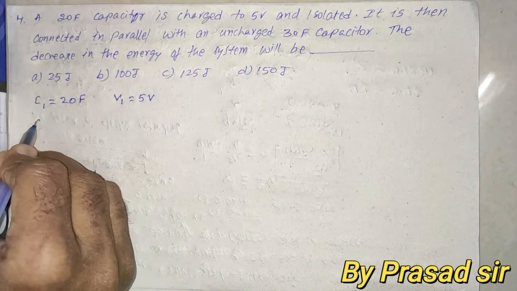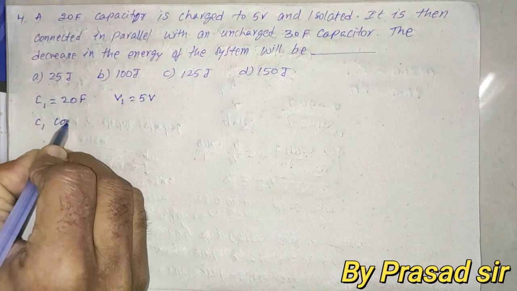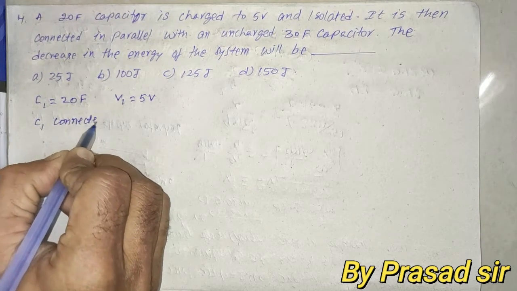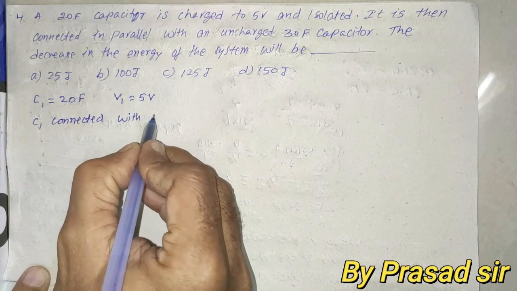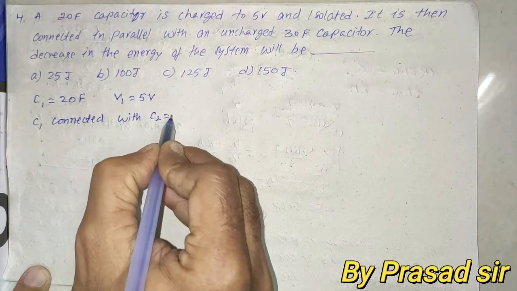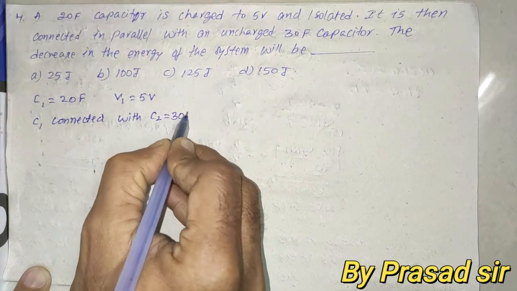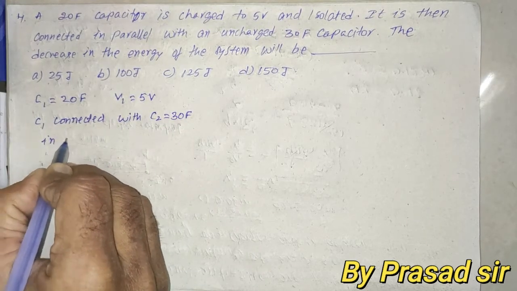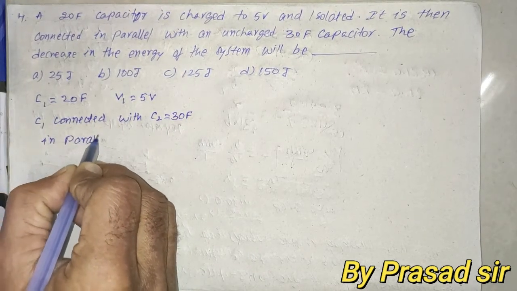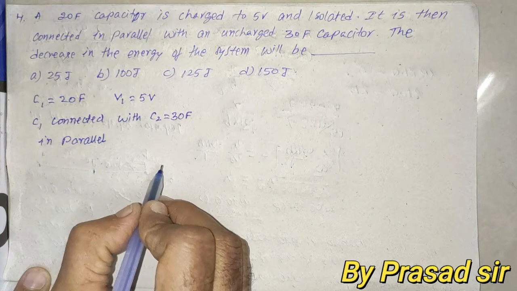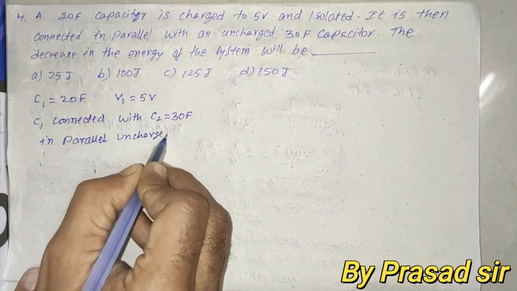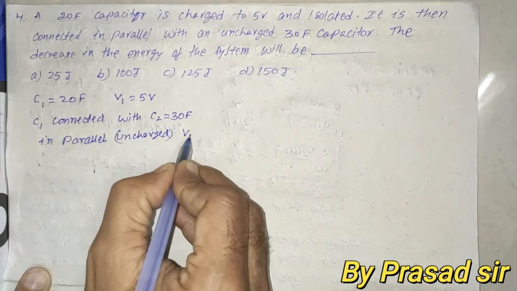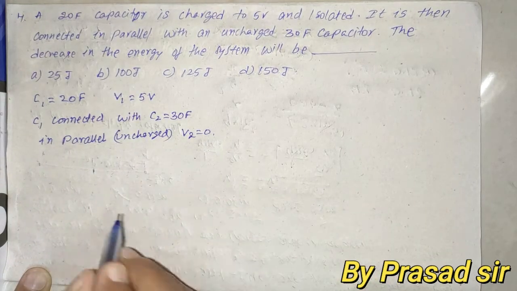So C1 is connected with C2 equal to 30 farads in parallel, and this is uncharged. Uncharged means V2 is equal to 0.